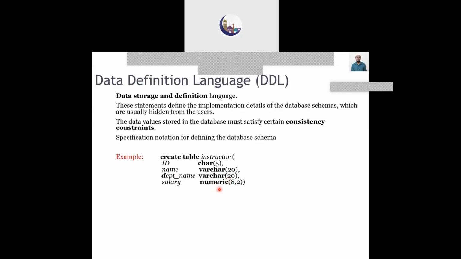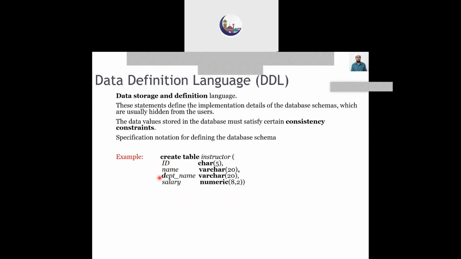Salary is numeric and it contains a maximum of 8 digits, out of which 2 digits are after the decimal point. So 6 digits before the decimal and 2 digits after the decimal. This bunch of code is called a single command. It starts from here and this parameter listing ends over here.